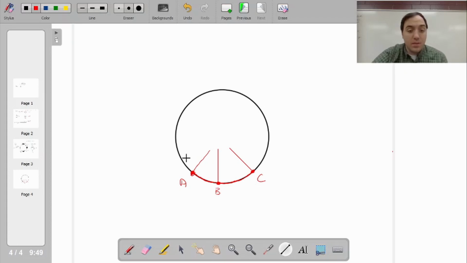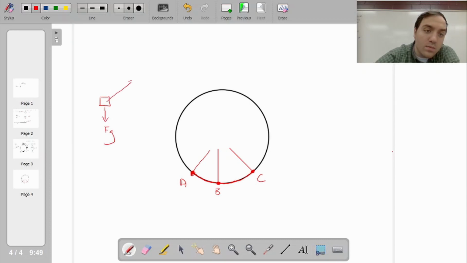What I want you to be able to do is draw a free body diagram for each point on the circle, A, B, and C. I'll do A, and then you'll do B and C on your own. So at A, what are the forces acting on the pendulum? Well, start by drawing your box. You have gravity pulling it down, and you've got tension pulling it up and to the right.